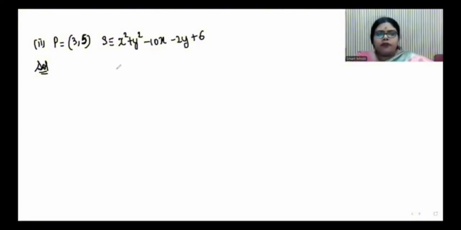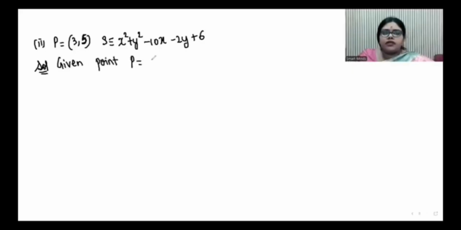Take the next question. P is equal to (3, 5). S is x square plus y square minus 10x minus 2y plus 6. We need to find the equation of normal. So first we need to find the equation of tangent. So first let us write the given point.